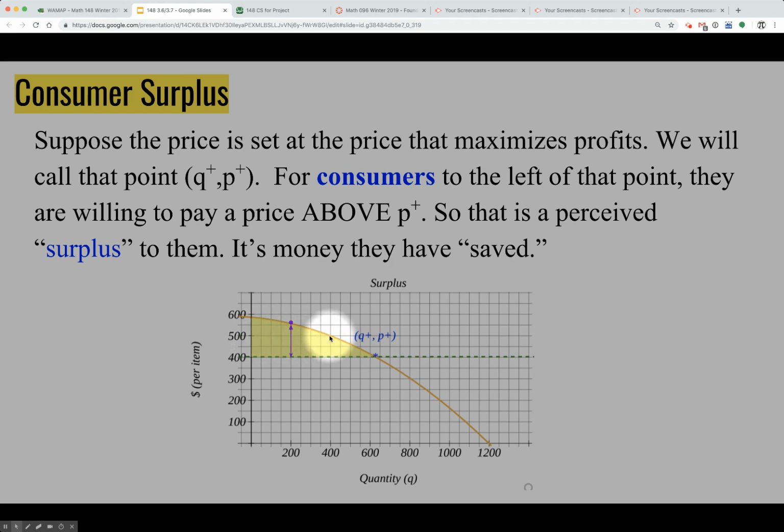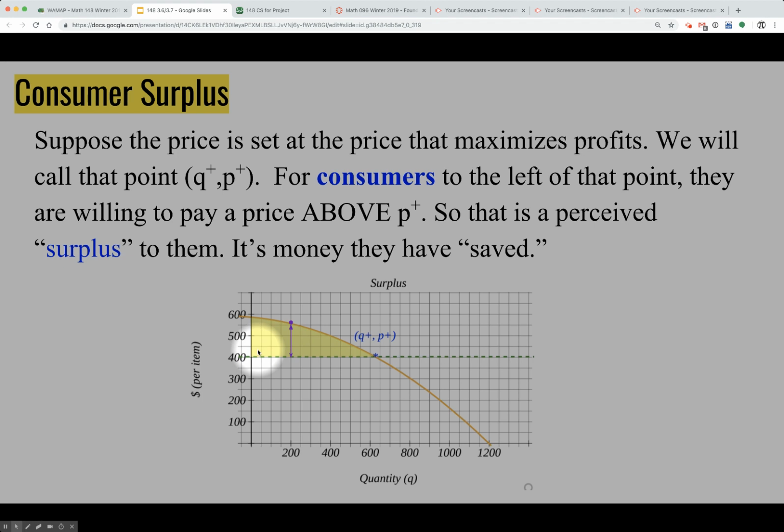So there's some people who are not willing to pay $560, but they are willing to pay $500 for it. Well, if they only have to pay $400 down here, then this distance represents the surplus for them. So now imagine all of these prices creating a bunch of vertical lines. And if you add up all those vertical lines, so to speak, you could line them up and add them all up and fill in all of the gaps between them. In theory, you end up with this yellow region. And that yellow region is called the consumer surplus.